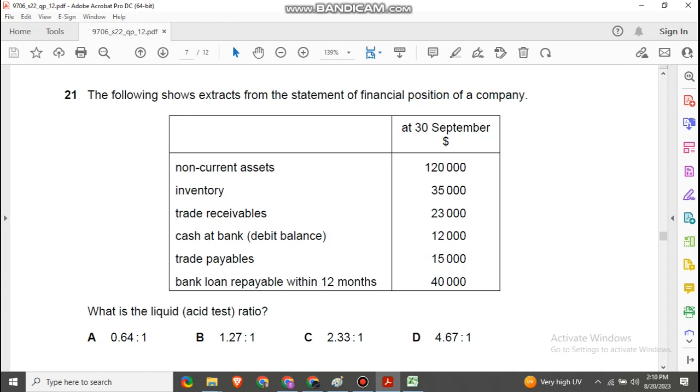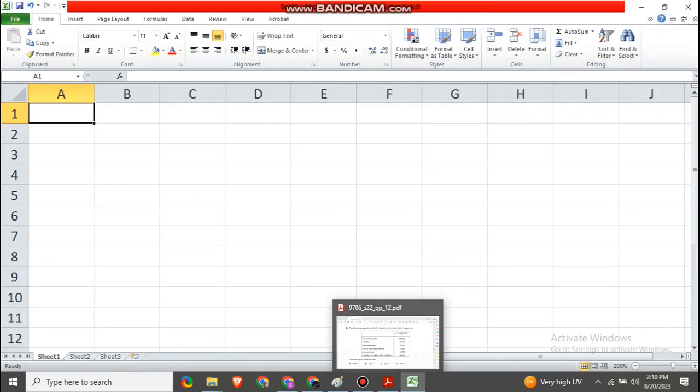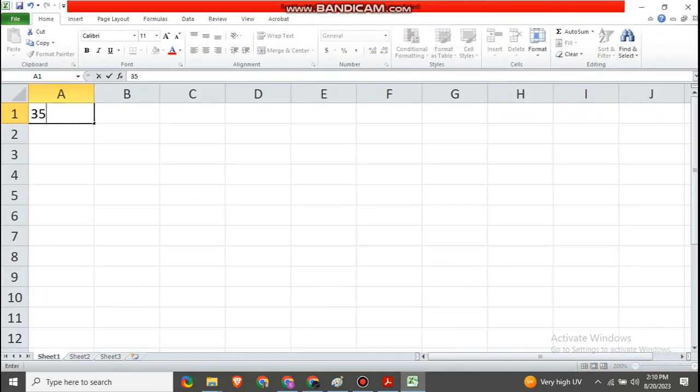Okay, so 35 divided by 55. So 35,000 divided by 55,000. And we can get the ratio out here, which is 1, and this should be 35 divided by 55.